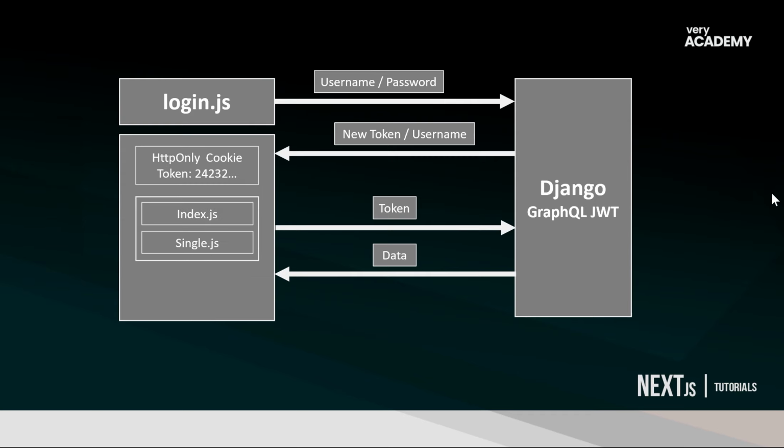Using an HTTP-only cookie, the setup is exactly the same. We're going to have a login page and send the username and password. Django is going to generate our JSON Web Token, but this time we're going to set up Django to provide a cookie back to the browser.